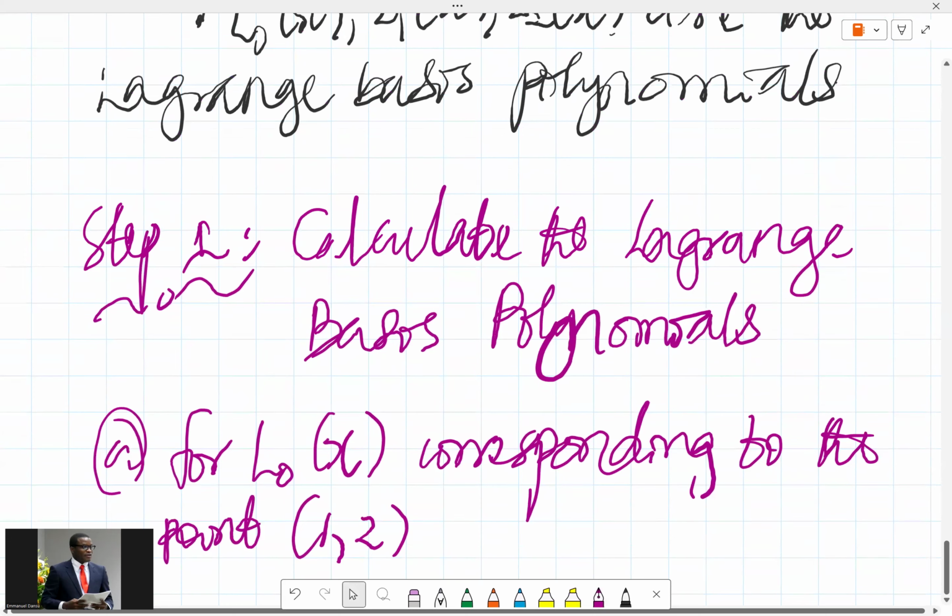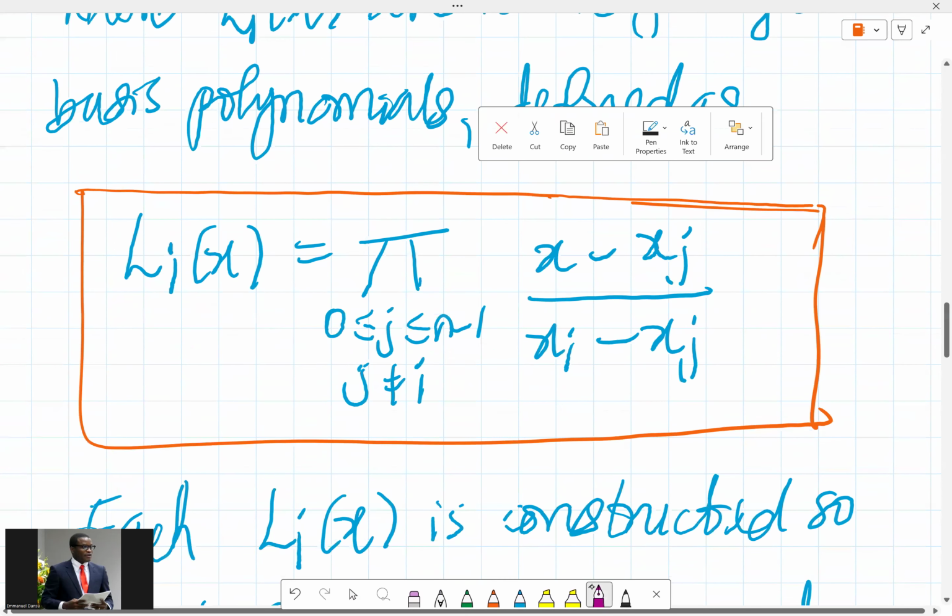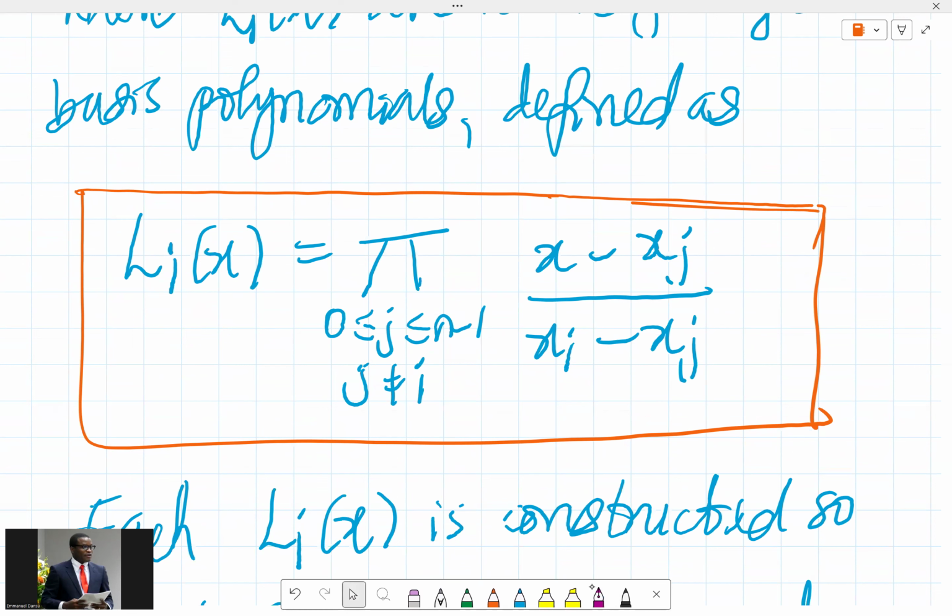If you remember the formula for L, Li of x is the product of x minus xj over xi minus xj, as j lies between 0 and n minus 1.